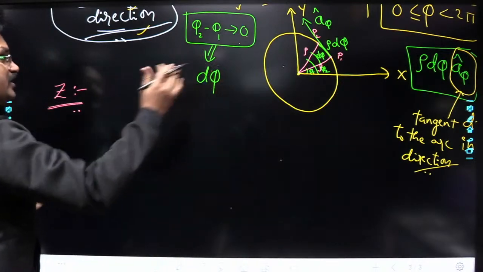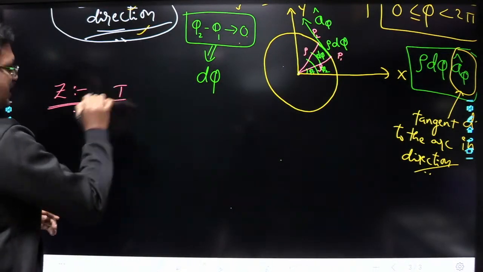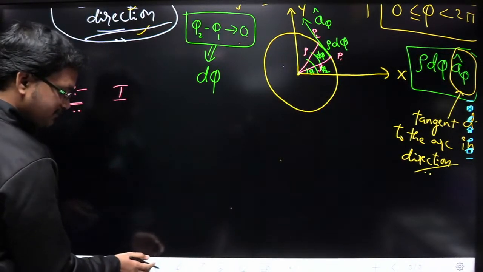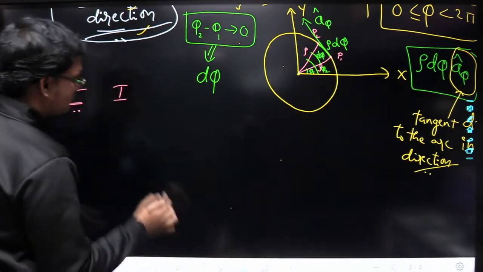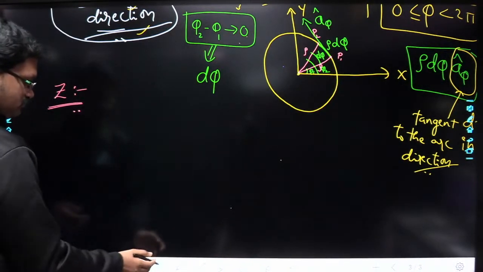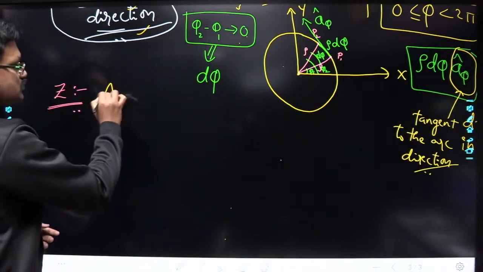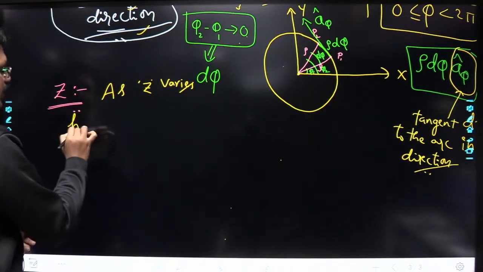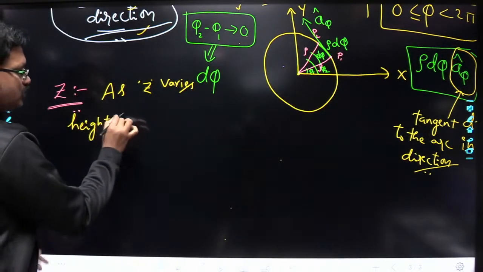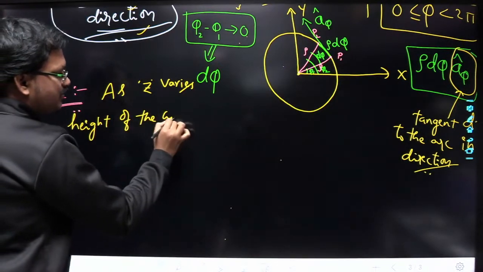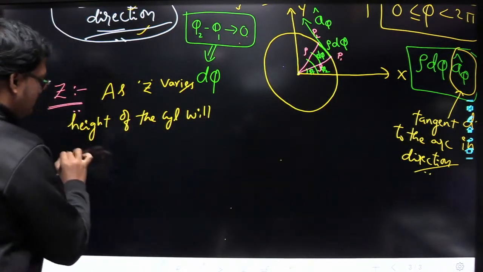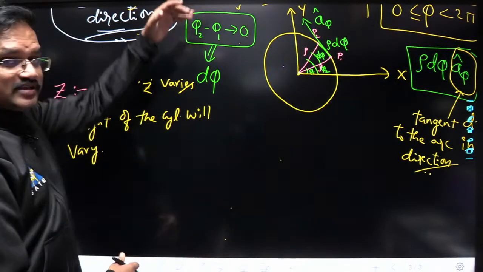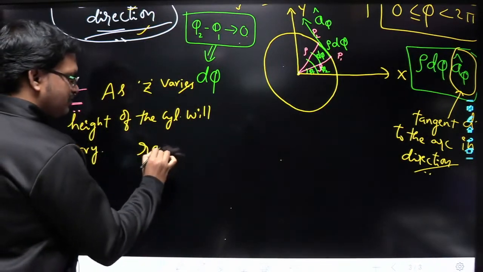But here in the cylindrical coordinate system, as z varies, the height of the cylinder is going to vary, and we can vary the height from minus infinity to plus infinity.